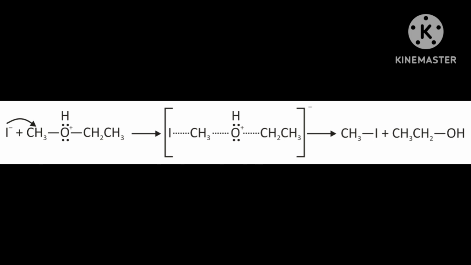As soon as I approaches CH3, the CH3 and O bond becomes weak, and this side also, the ethyl side CH2CH3 bond, becomes weak. Both side bonds will be weak.